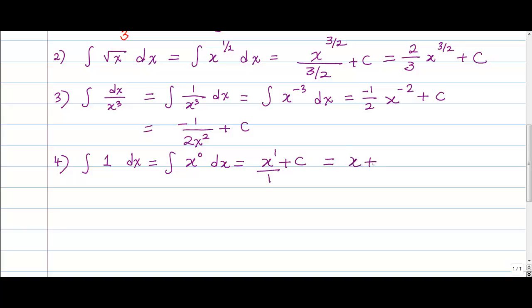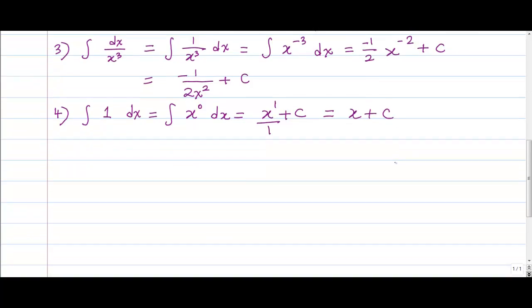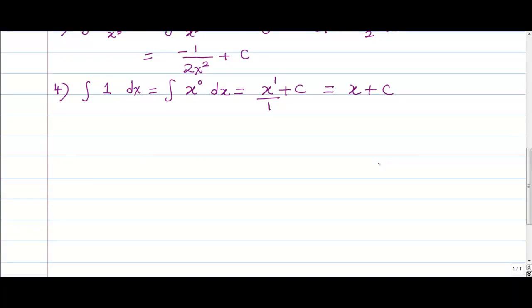So this just gives me x plus c. So the integral of 1 is just x plus c. What if I had the integral of 6? Well, that's like the integral of 6 times 1, isn't it?